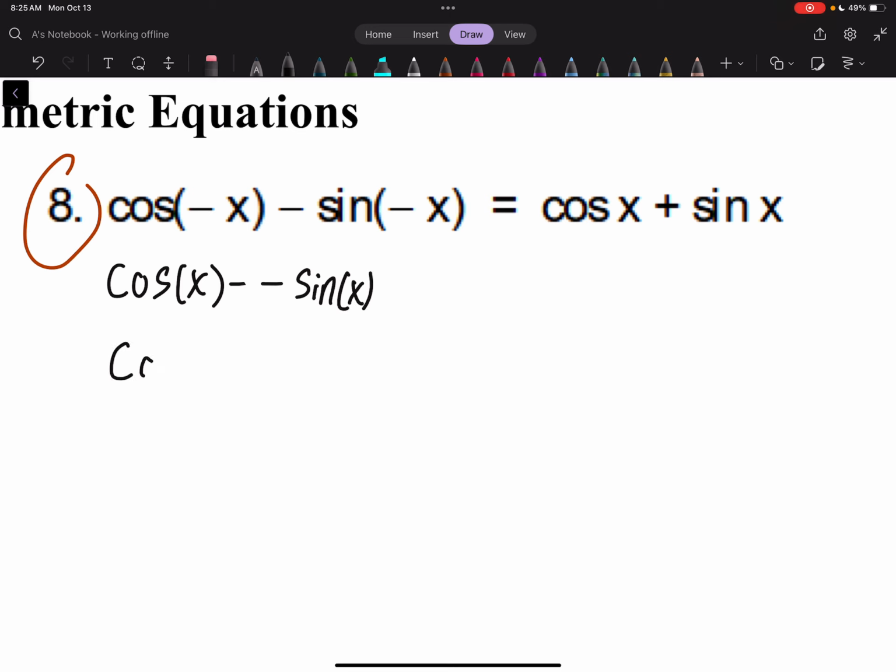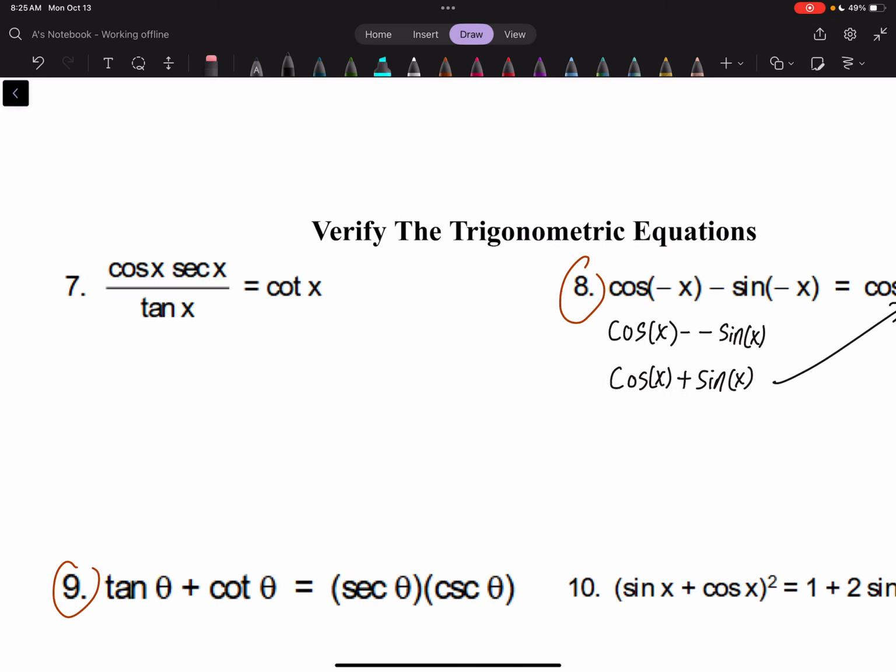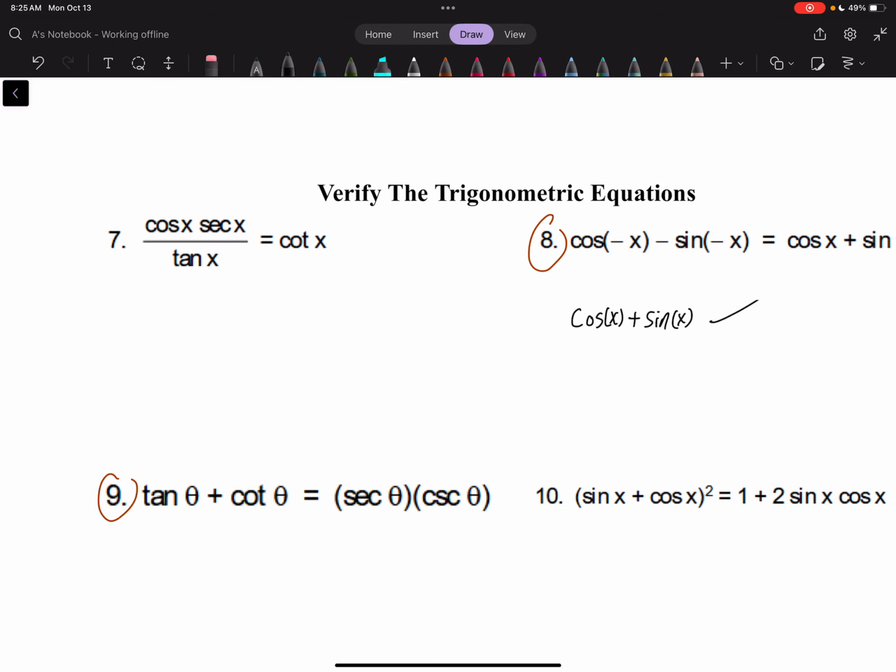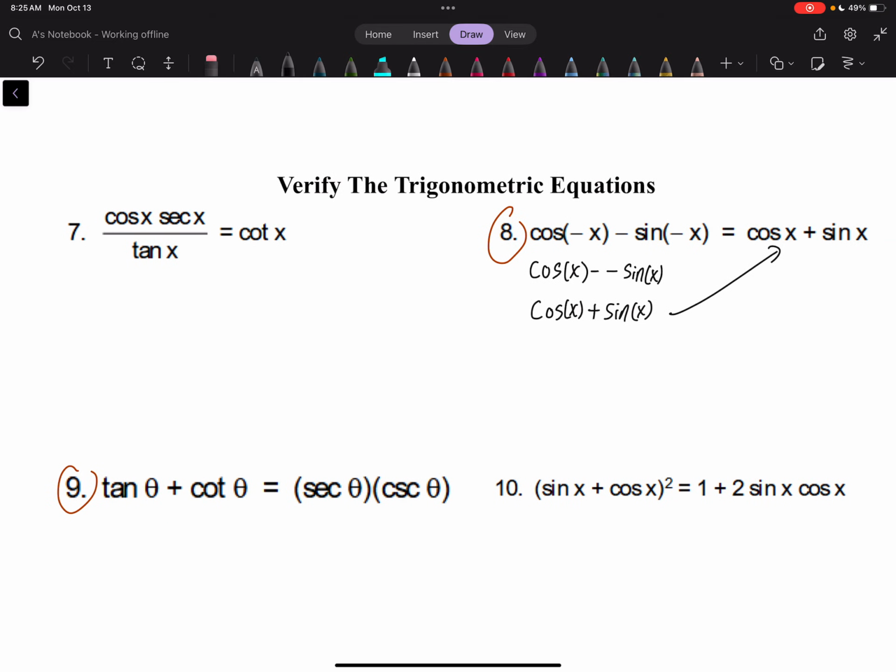So I have cosine of x plus sine of x. That matches my right side, I'm finished. If you want, go ahead and try number 7.